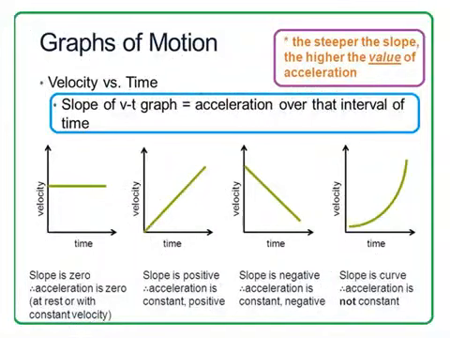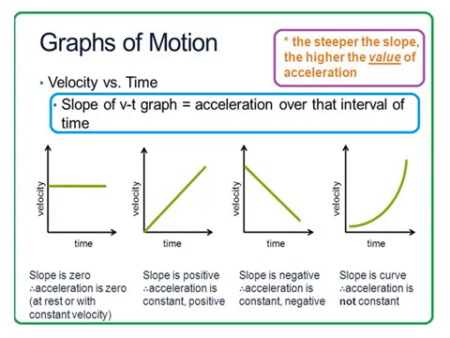Now children, let us analyze more of the velocity time graph as far as the slope is concerned. Previously, you have seen how to find the slope of a line, slanting line. S2 minus S1 divided by T2 minus T1.